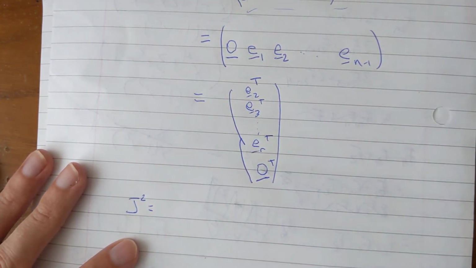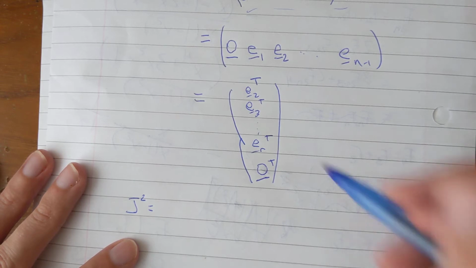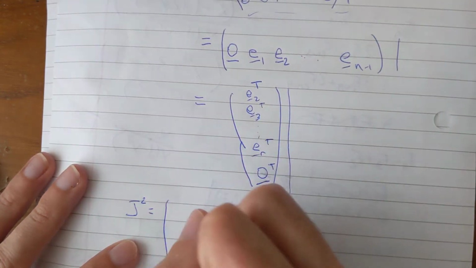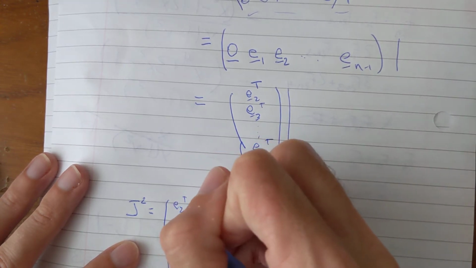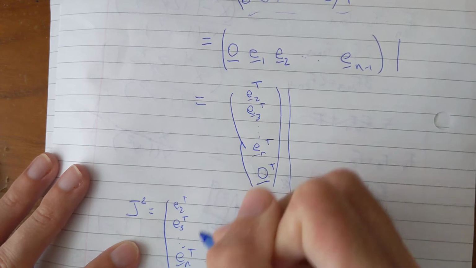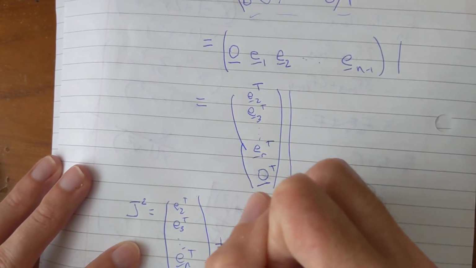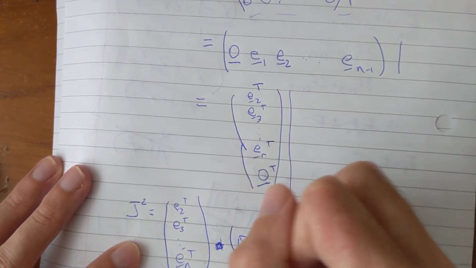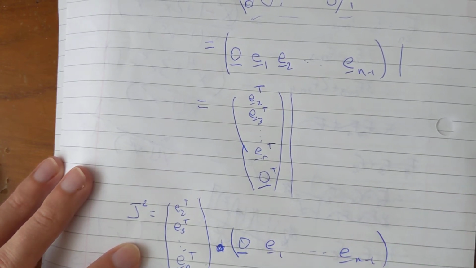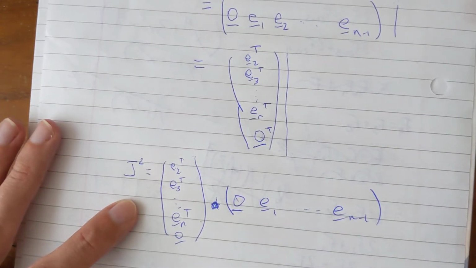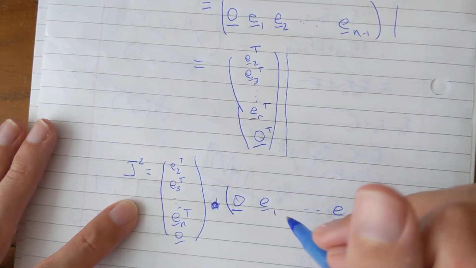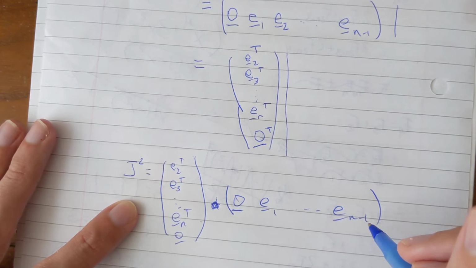Well, this is J and this is J, so we can write it as E2 transpose, E3 transpose, En transpose, 0, times this row. If we forget that these are all vectors, this is an n by 1 matrix times a 1 by n.